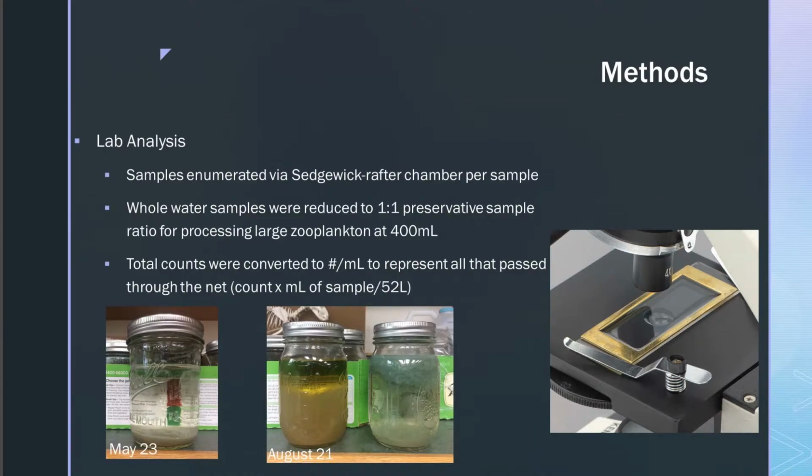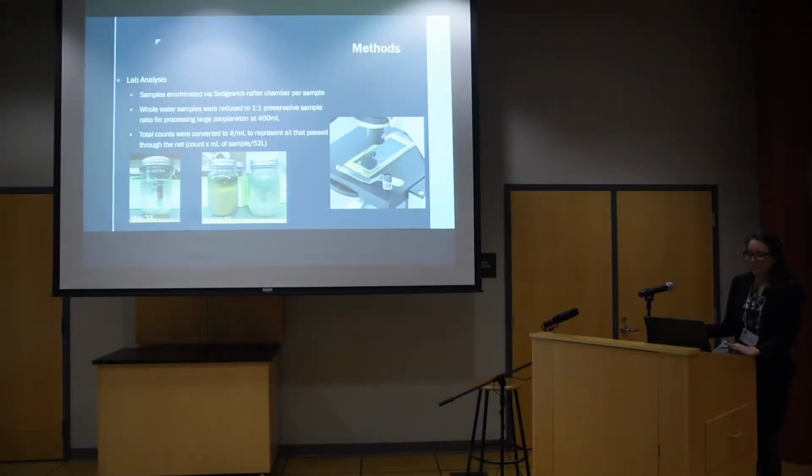And those were 200 milliliters, and then one sample was preserved with 95% ethanol, and this one was 10% buffered formalin. And you can see the difference between the two samples, not only between the May and the August, how much more is in here compared to here, but also with the color and the pigment. And that's why we wanted to process the samples live, to see just how biology works, how it all moves together. And I think that was probably for the best.